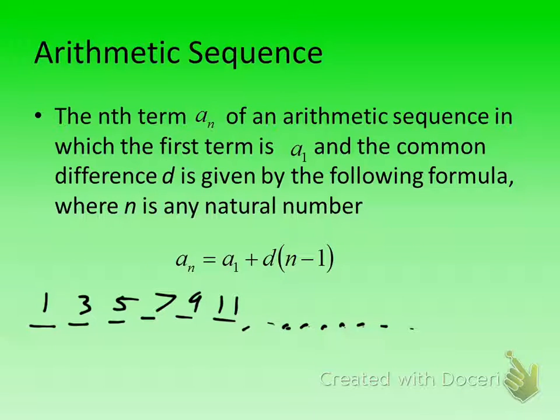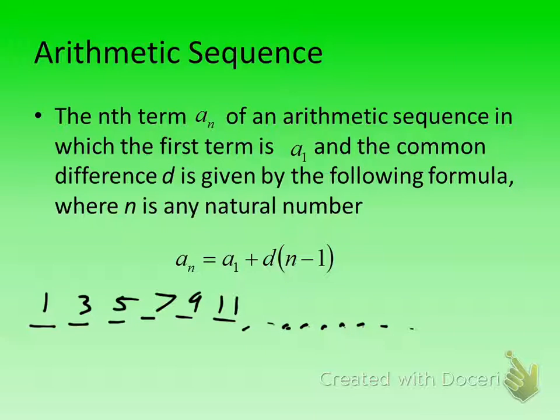Makes sense? These n's are the same: the subscript n here and this n right here. So if you're talking about the 7th term, this would be a sub 7, and this would be 7 minus 1. Not 7 as a term, the 7th term.